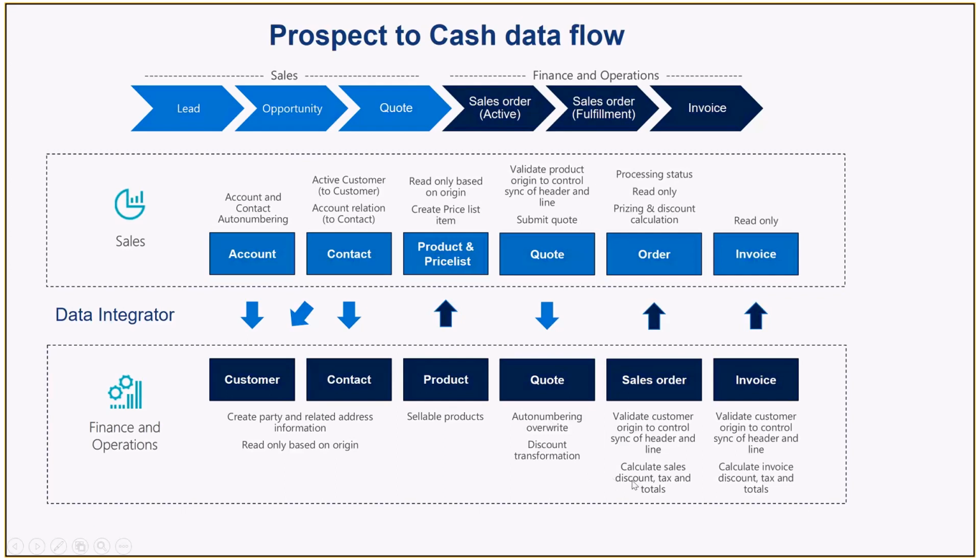Now this quote can be turned into a sales order in finance and operations. So here we will go ahead and validate that the customer on the sales order is actually synced as part of the header line, meaning that this customer was actually generated in the sales system to begin with. So this is not a sales order that I manually created in finance and operations for a customer that was originally just created in finance and operations and therefore would be unknown to the sales system.